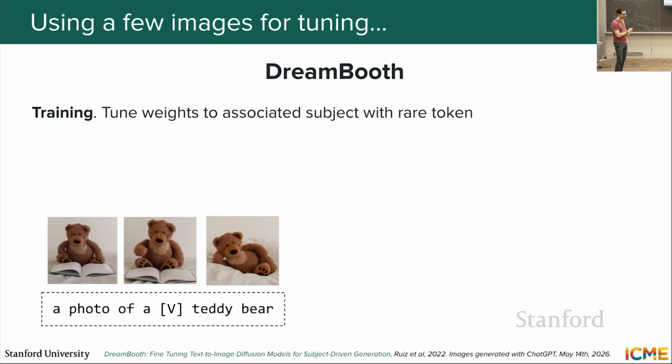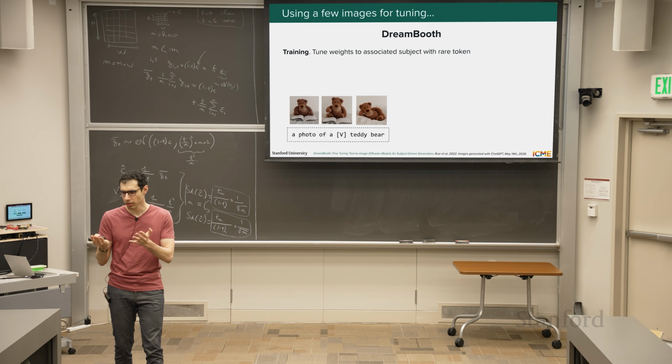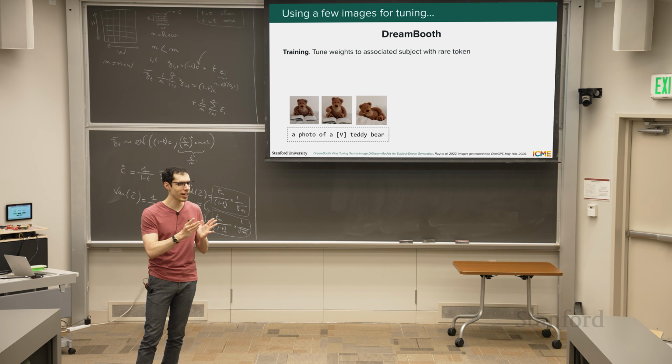And the idea is that you have something of interest, let's say a specific teddy bear, that you want to have in the images that you generate. You don't want any teddy bear. You want that specific teddy bear. So what you want is to personalize your model to generate images of that very specific teddy bear.